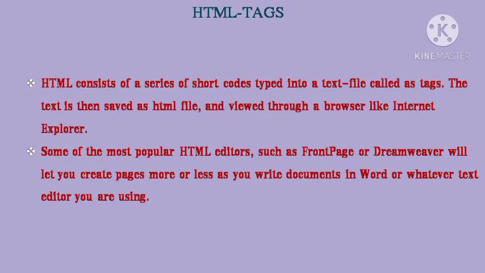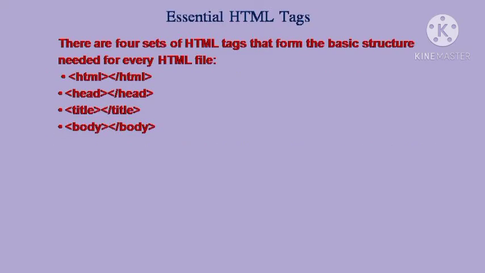The HTML tag is defined as the document where we are going to work, the web page. The head contains the information about the document that will not actually appear in the web page. Next is the title tag. Title tag defines the title that appears in the title bar.